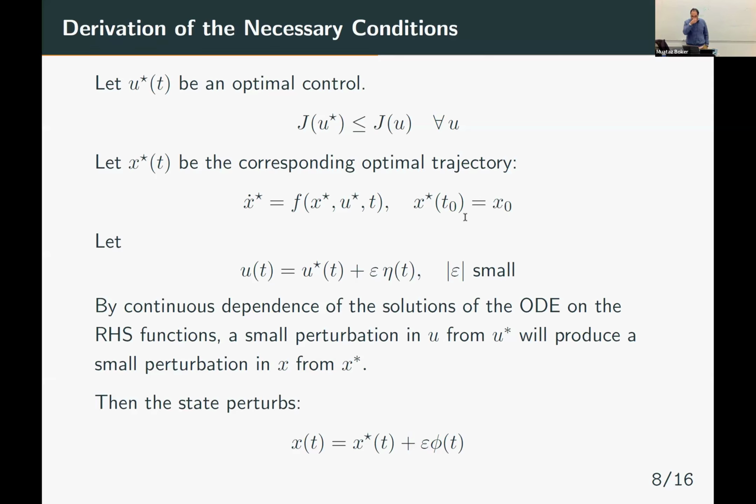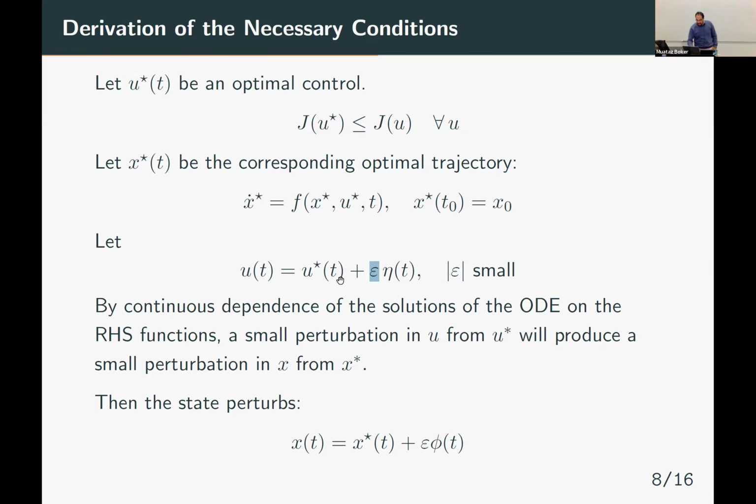Like what we did last time, we are going to perturb the trajectories. Because U is a vector, this is how I'm going to perturb it: by another vector eta, multiplied by a parameter epsilon, where epsilon is a scalar parameter with a sufficiently small magnitude.